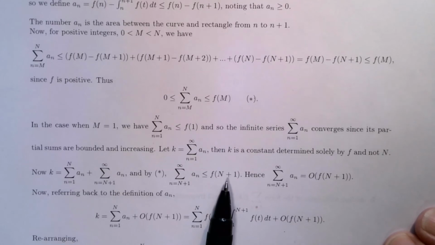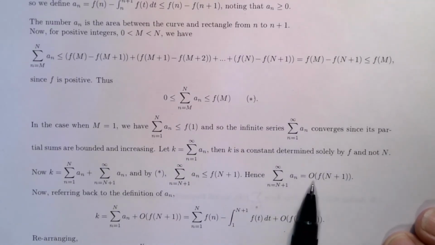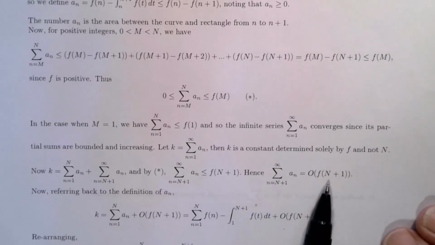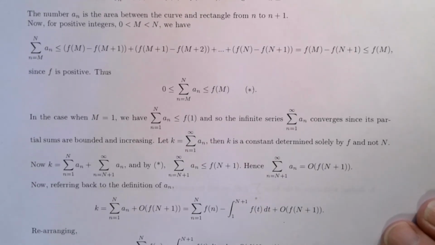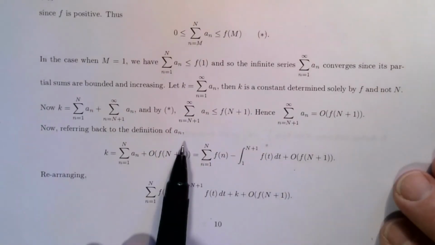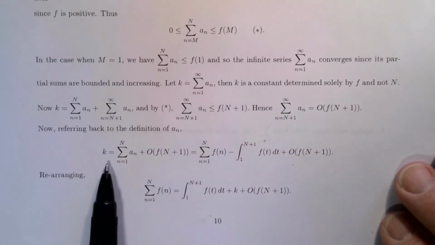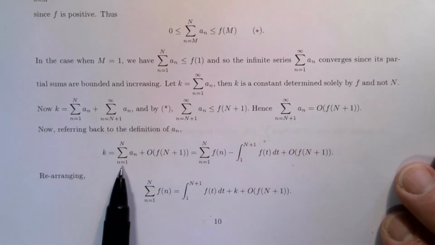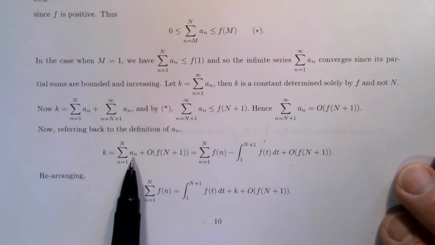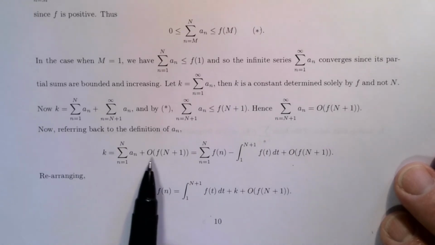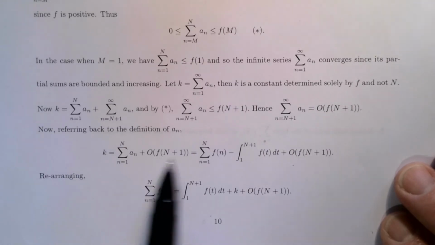And that means the tail of the series is big O of f of N plus 1. Now, referring back to our definition, k is the first N terms of the series plus the tail, and the tail we've shown is big O of f of N plus 1.